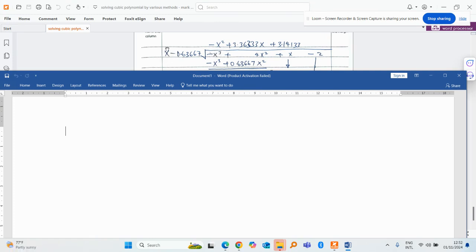What we can multiply by x to get negative x cubed is negative x squared. So we write negative x squared here first.